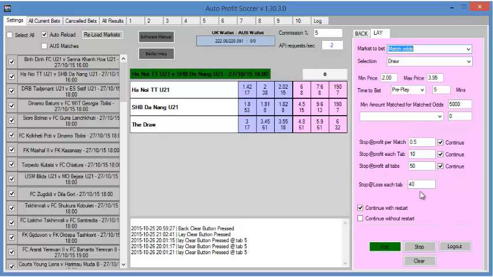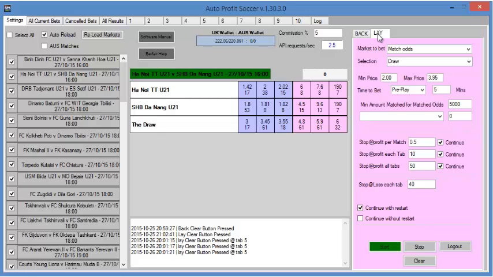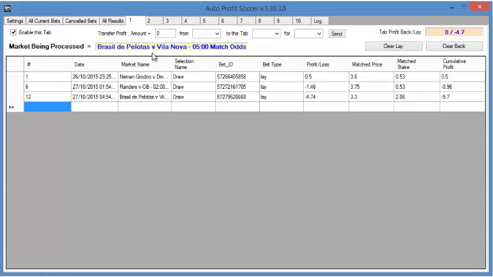However, you can have, say, a backing setup and a lay setup, and as the games come into play, then they will get shared into the tabs. And so it's quite possible, I'll just bring up tab number 1, it's quite possible here that you have lay bets and back bets in here.